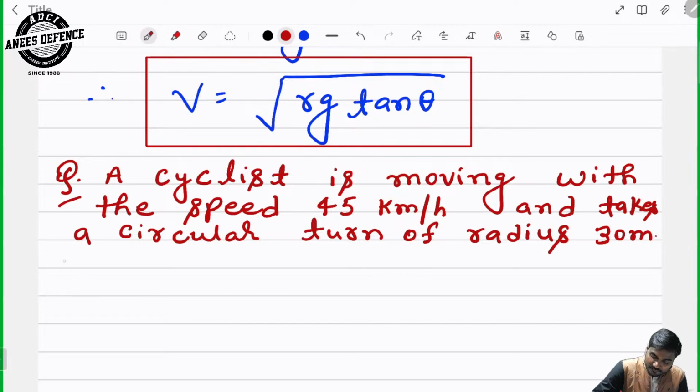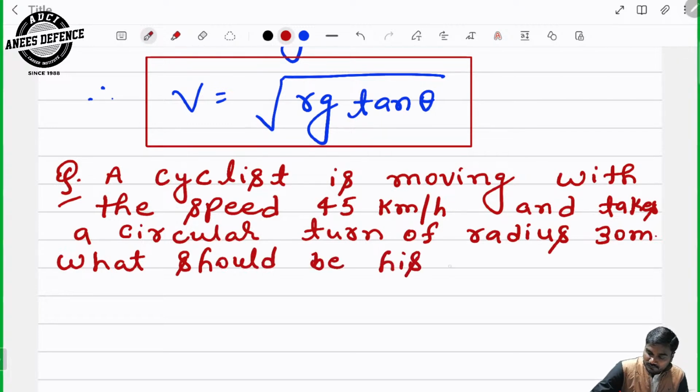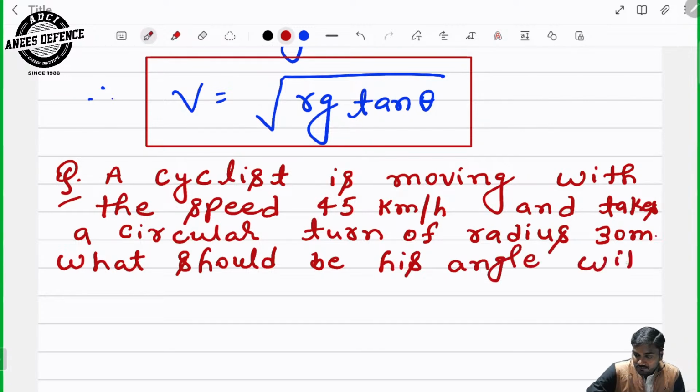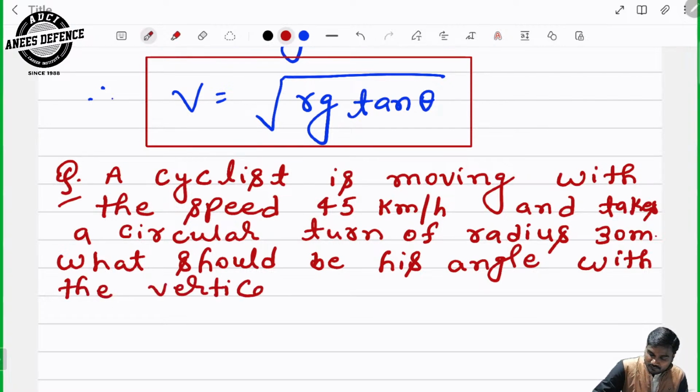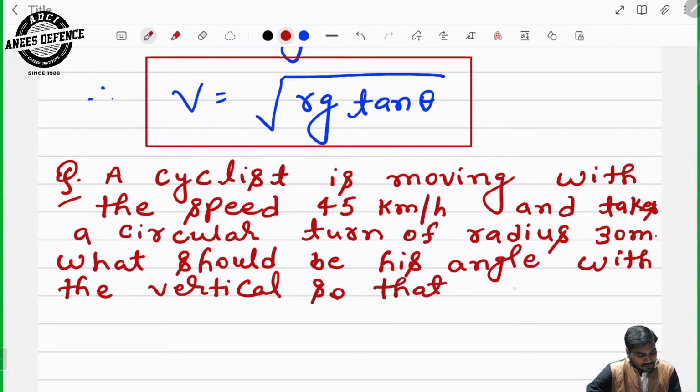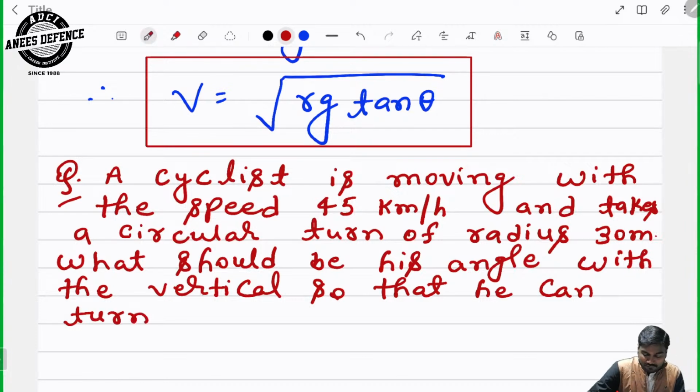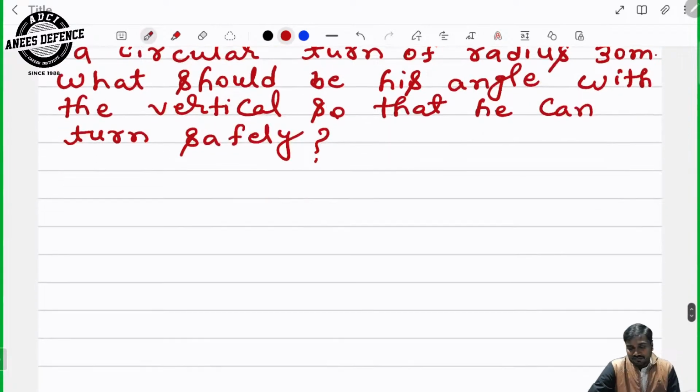What should be his angle with the vertical so that he can turn safely?